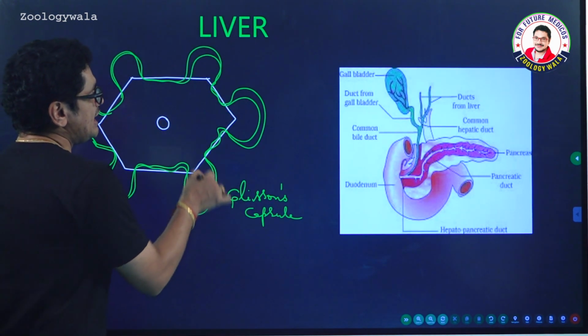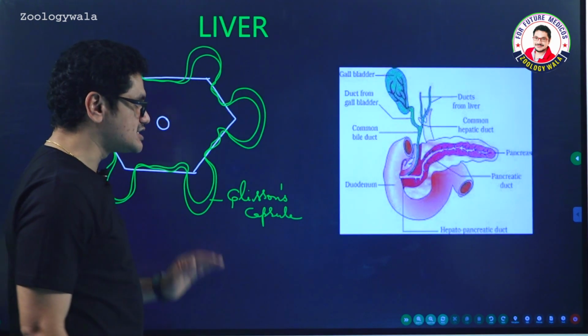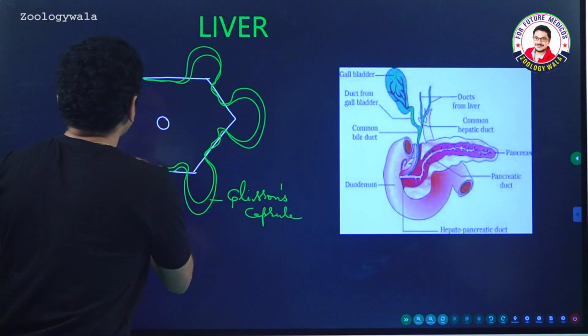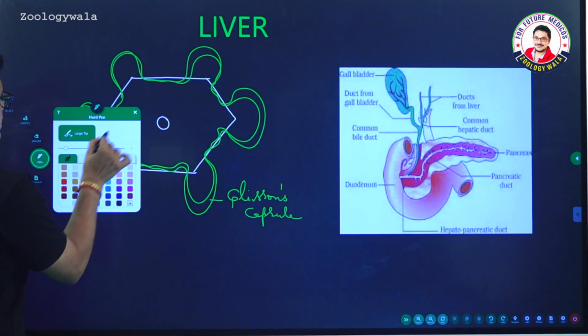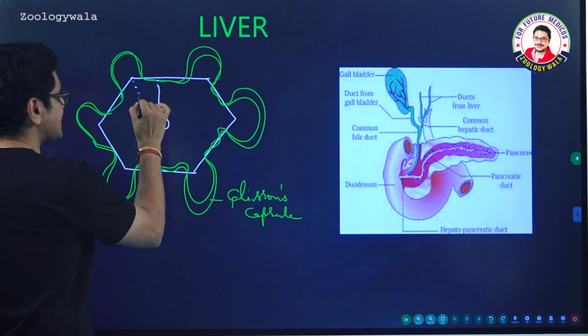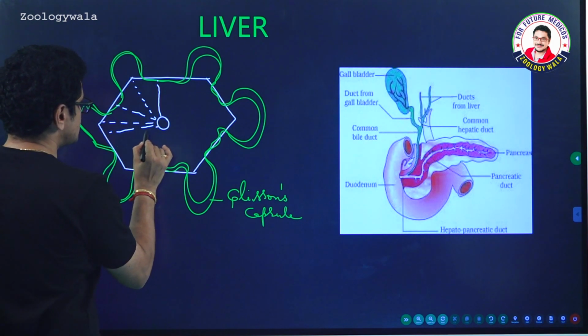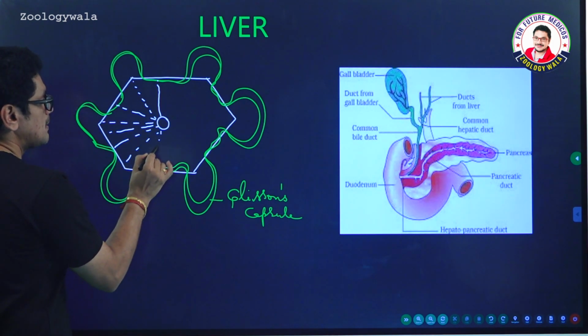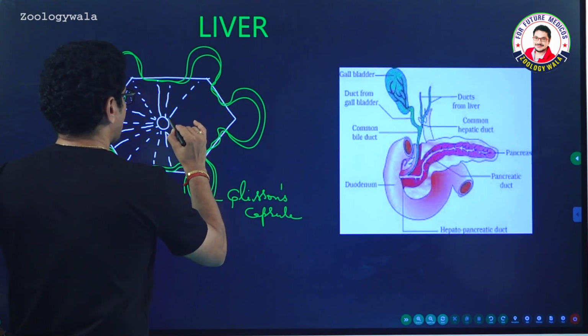And in the hepatic lobule, the intralobular central vein is present. What are the other structures present inside this? A number of hepatic cells are present in the form of cords, which release bile.